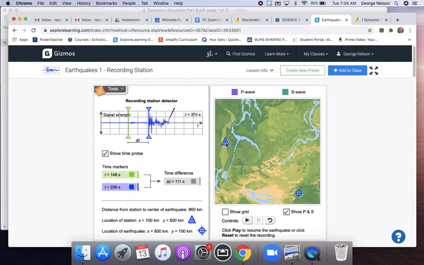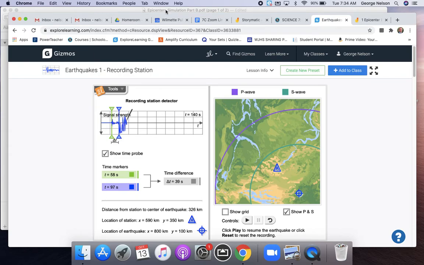So basically, when we hit reset, then we can move the seismograph. When we get closer, what is going to be the time difference between the P and S wave, and as we move further back? So if I move it closer, let me just do a quick prediction. Oh, weird. If I slide them, P wave hits here because that's the first jolt, and then the S wave is right here.